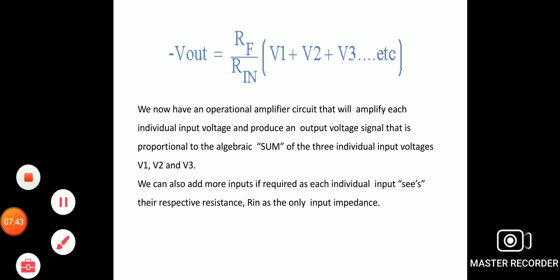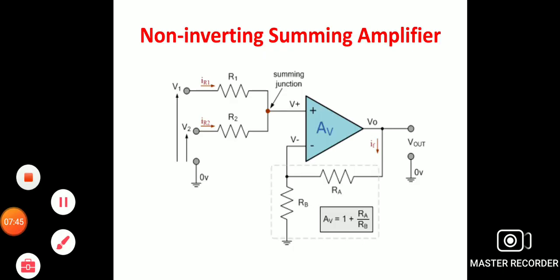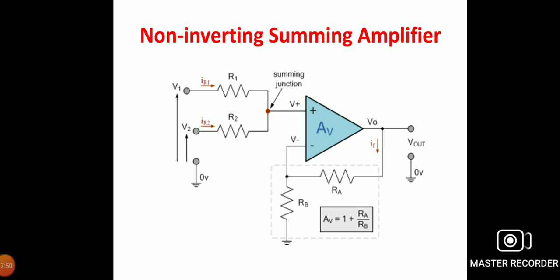Now we can move to the non-inverting summing amplifier. Here the input resistances R1, R2 are applied to the non-inverting stage, the positive terminal of the operational amplifier, and the inverting negative terminal is connected through a resistance to ground.